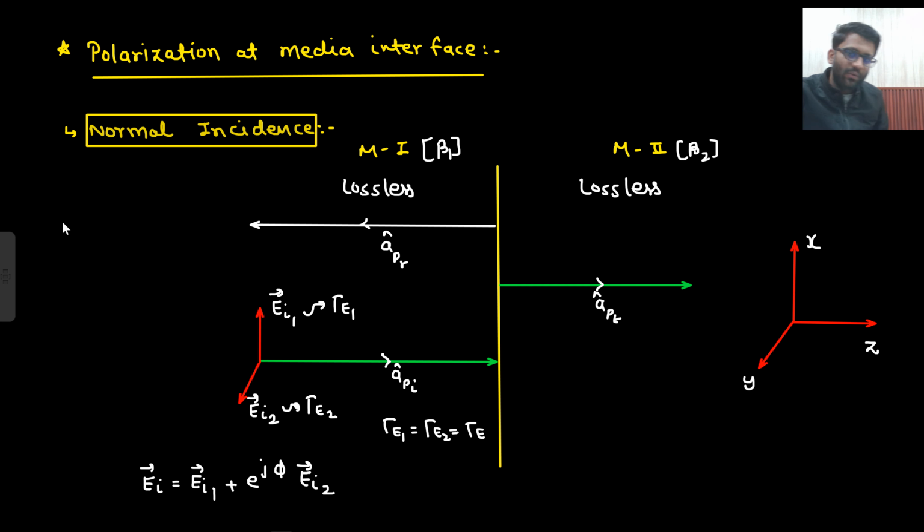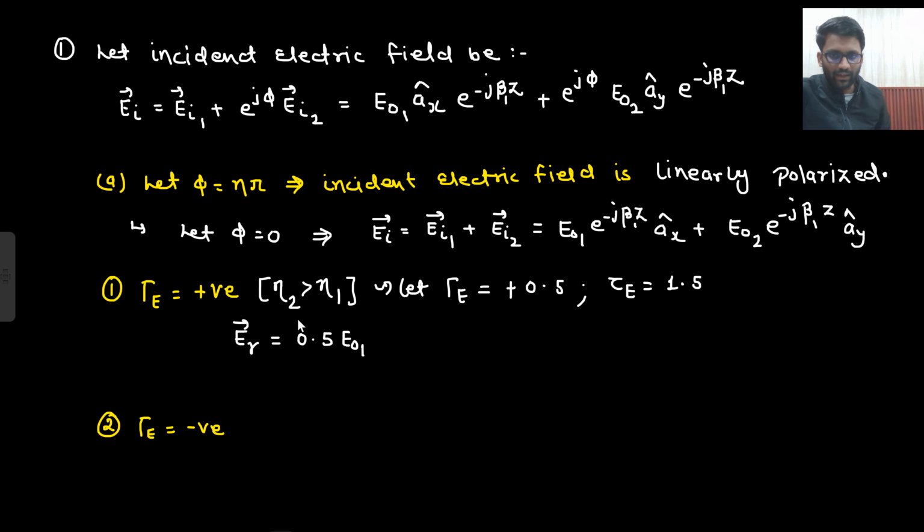If both media are lossless, then what is the reflection coefficient? Eta 2 minus eta 1 divided by eta 2 plus eta 1. Real, real, real, real. If both are lossless, all are real, that means this complete gamma E is real. And if it is real, it will not have any phase. So directly 0.5 will be multiplied.